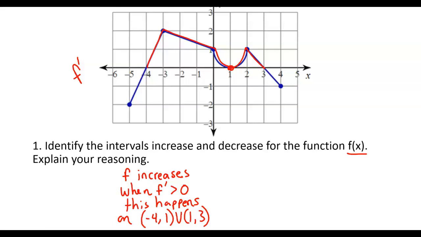Now, let's find out where f is decreasing. And you guys could probably figure that out pretty easily. It's just the opposite of what we did. f decreases when its slope is negative. In other words, when f prime is less than 0. And this happens on those intervals where this graph of f prime is below the x-axis.